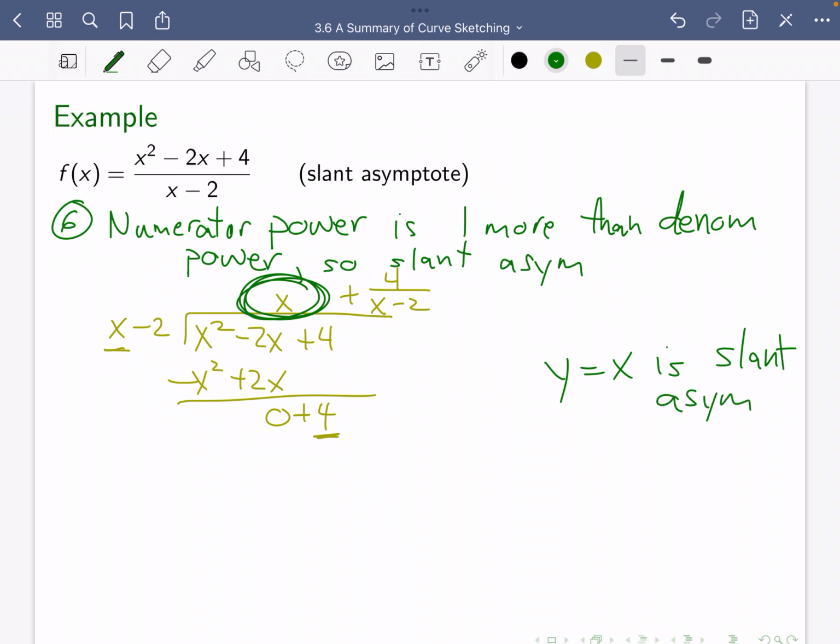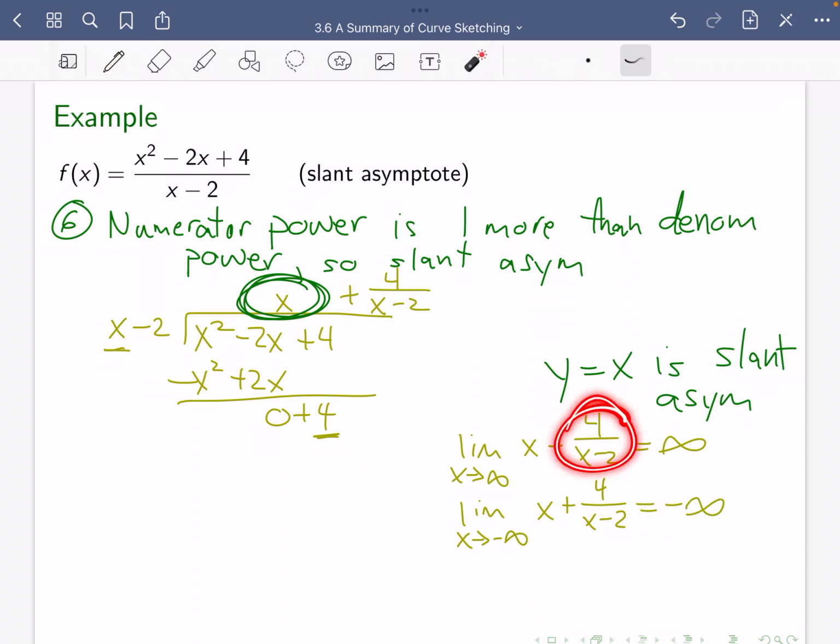And so when we look at the end behavior, the limit as x approaches infinity of our function, we can rewrite or think about it as x plus 4 over x minus 2. It should be heading up towards infinity, and the limit as x heads towards negative infinity is going to be negative infinity.